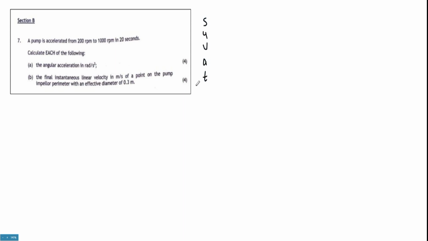S-U-V-A-T. Again, we are doing angular, but I'm using linear because the equations are exactly the same. It's just really a perspective thing. Our initial velocity is 200 revolutions per minute, and our final velocity is 1000 revolutions per minute. But I want it to be in radians and seconds, so let's work on those.